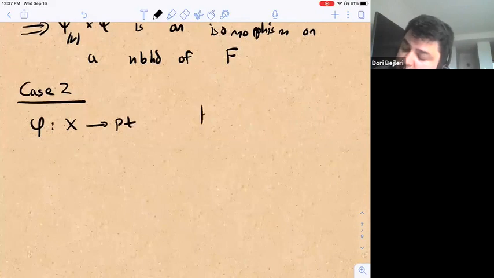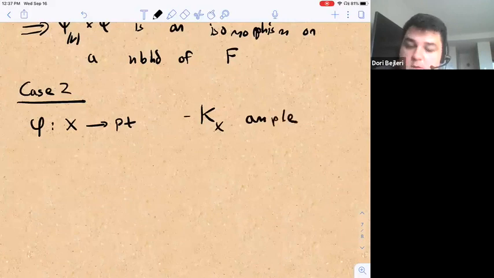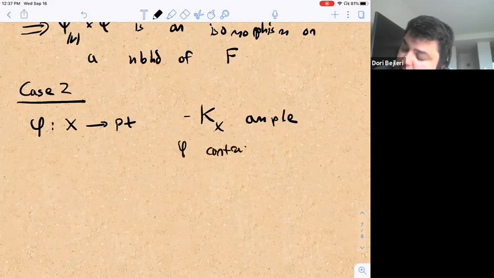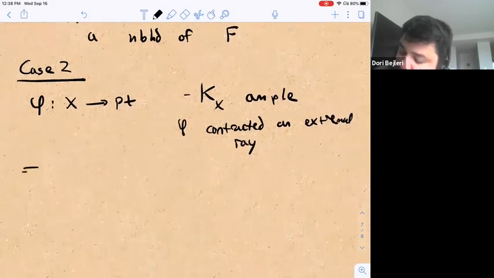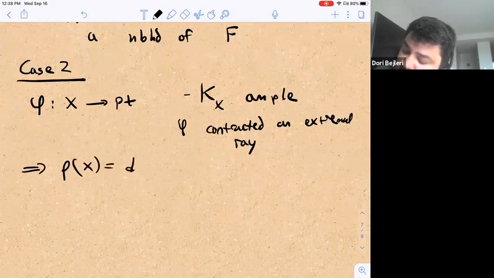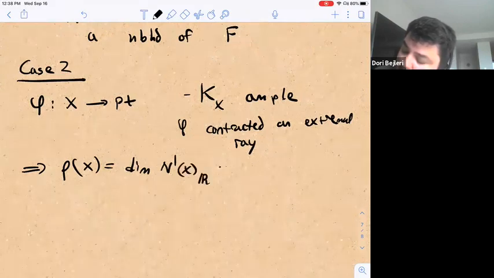So we know here that minus KX is ample, but we also know that this phi contracted an extremal ray. And so that tells us that the Picard rank of X, and remember this was the dimension of N1 real, has to actually be 1.